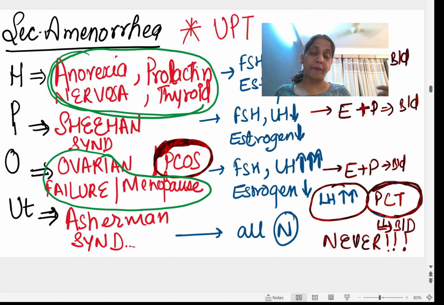Now we will see the other benefits of combined oral contraceptive pills other than contraception. First of all, as you have studied in the mechanism, the body's own hypothalamus pituitary ovarian axis is suppressed.